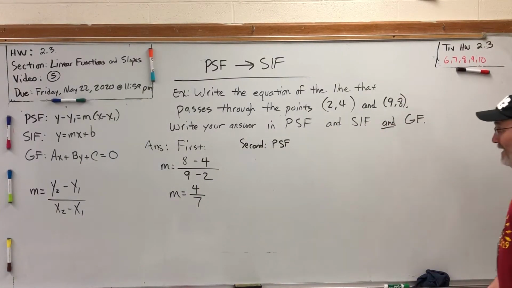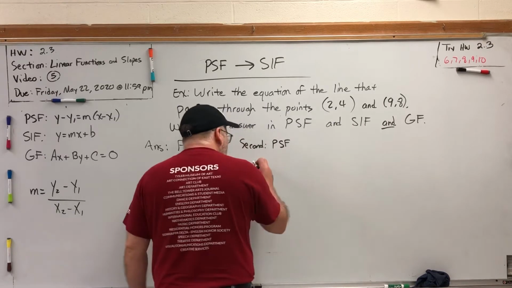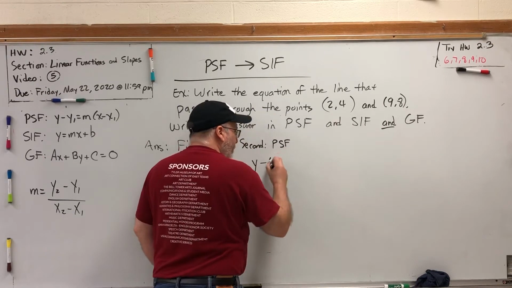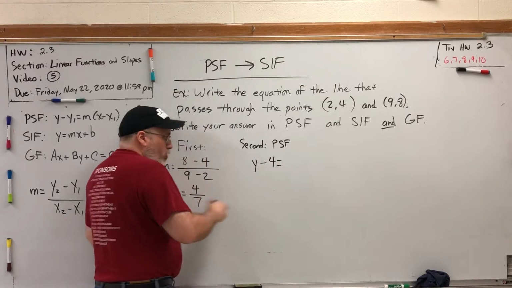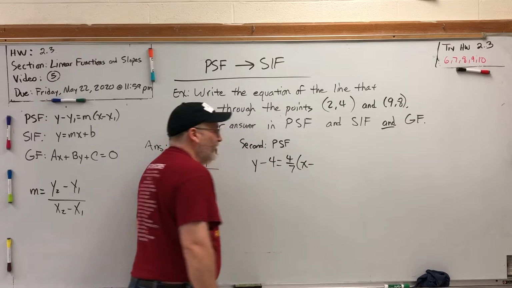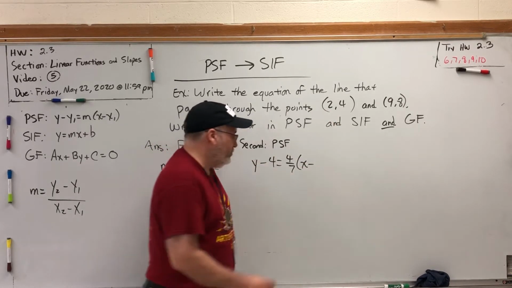So we actually have 2 choices on how to set up point-slope form here. We could either say y minus the first y, let's say 4, is equal to our slope, 4/7, times parentheses x minus the first x. Well, if I'm calling this the first y, then 2 is the first x.